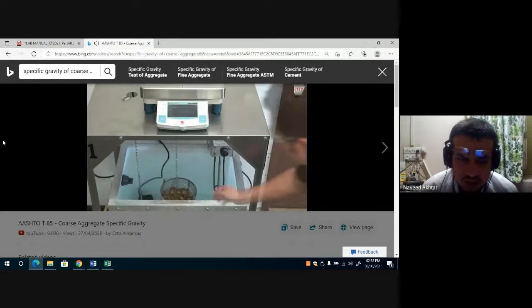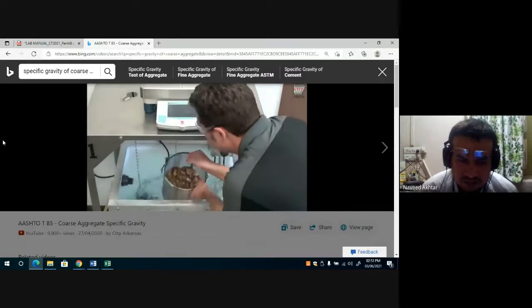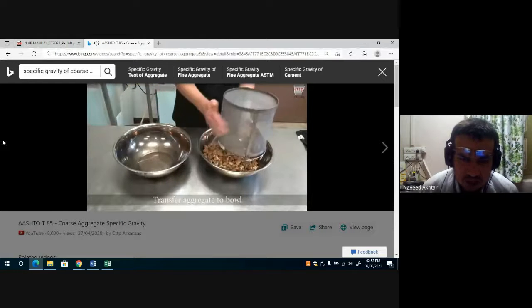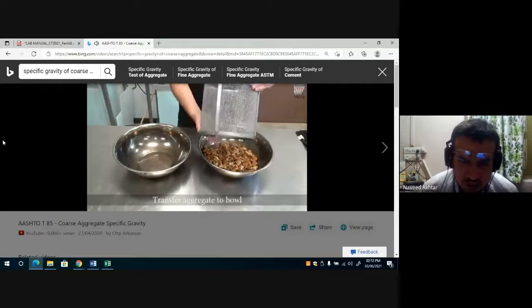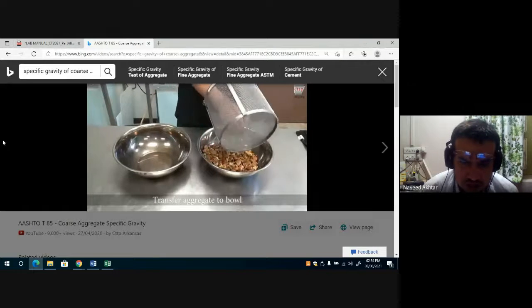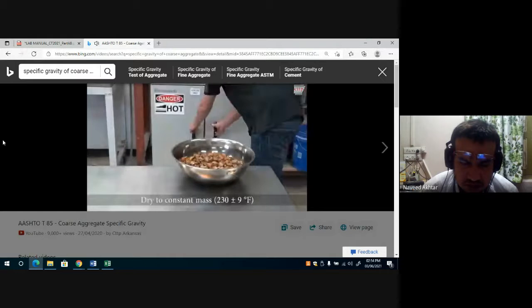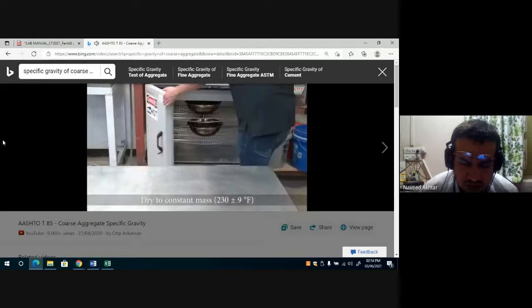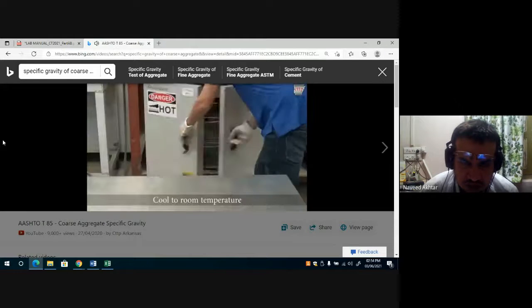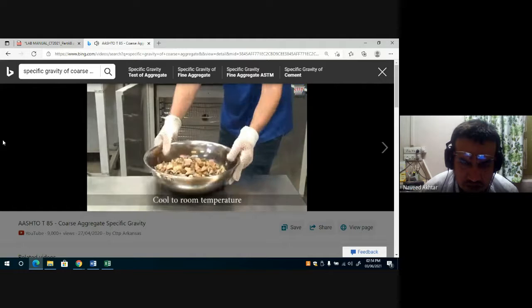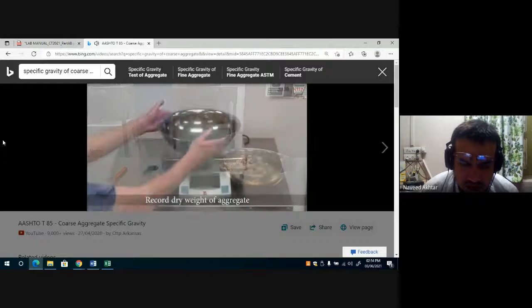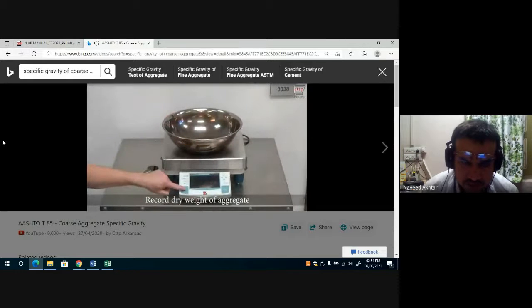Record the submerged weight of the aggregate with basket. Then again transfer the aggregate to the bowl. Then you will transfer. Then you have to record the dry weight of aggregate.